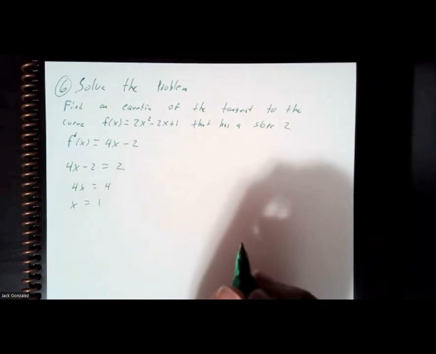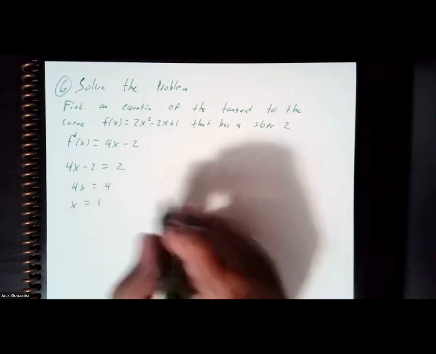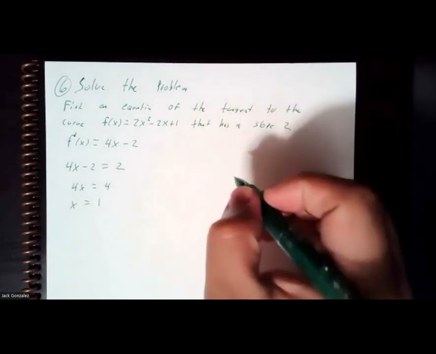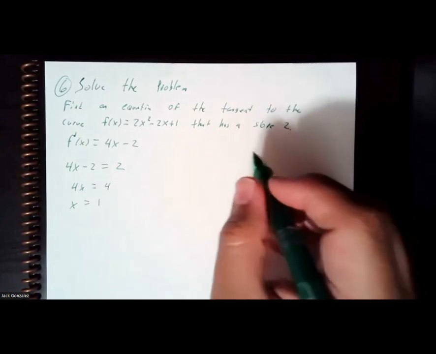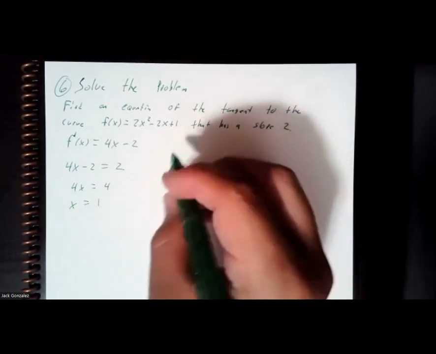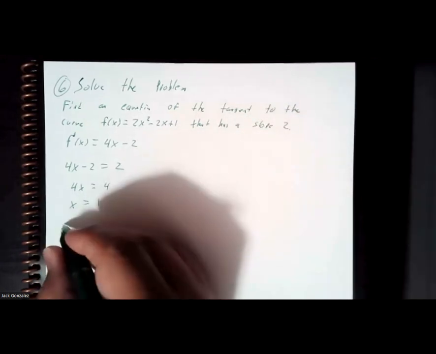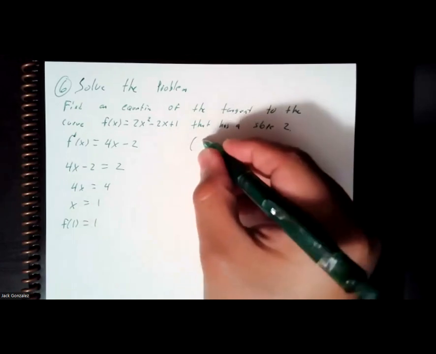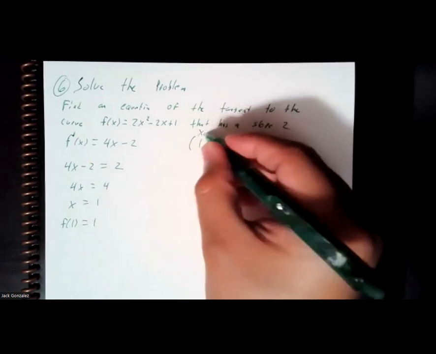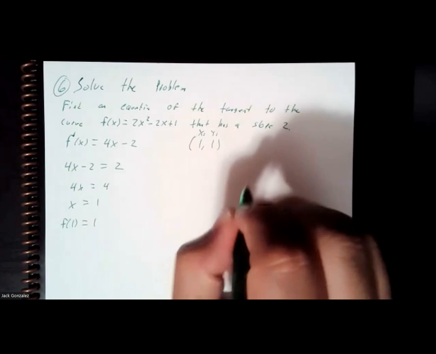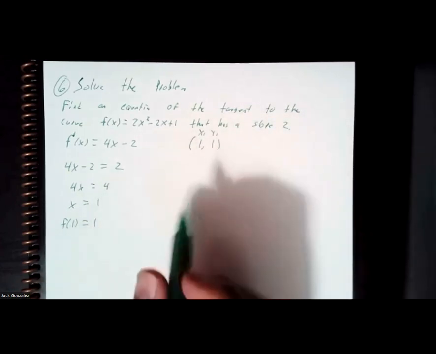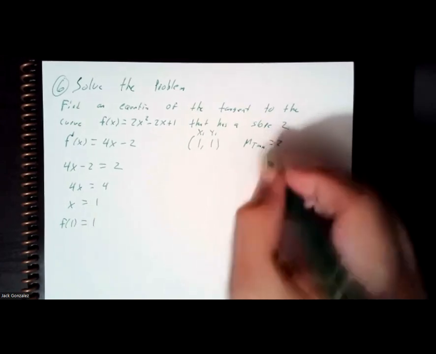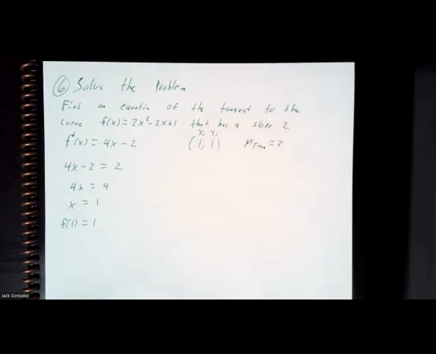Now use your formula, right? But we're going to need the y value. So the y value is also 1. Yeah, f of 1 will be 1. So we know that the point we need, x1, y1, is here. So now we need the slope, which was given to us. All right.